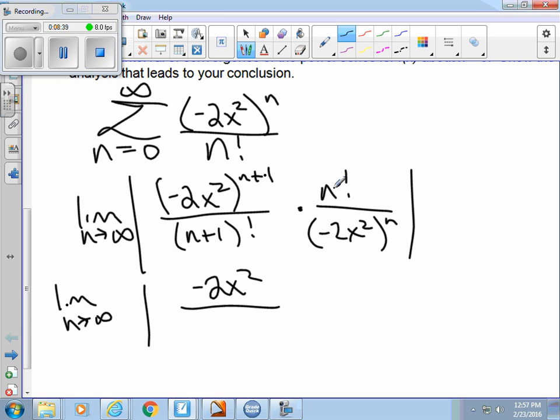The n factorial on top cancels with most of the n plus 1 factorial, right? Because n plus 1 factorial is n plus 1 times n factorial. So the n factorial part would cancel, and I would just have an n plus 1 on the bottom.